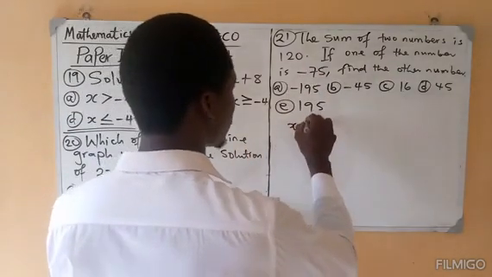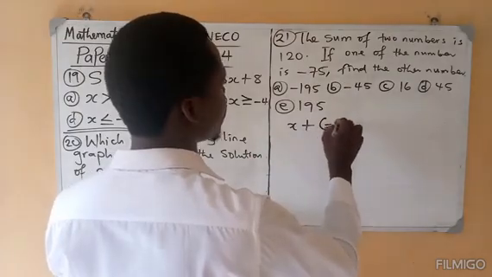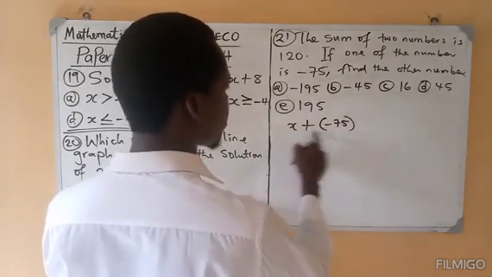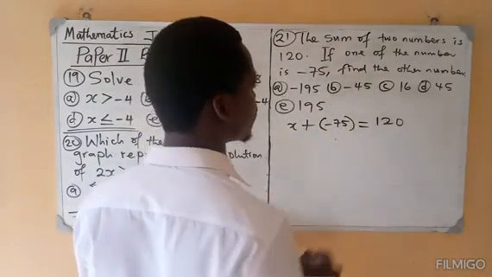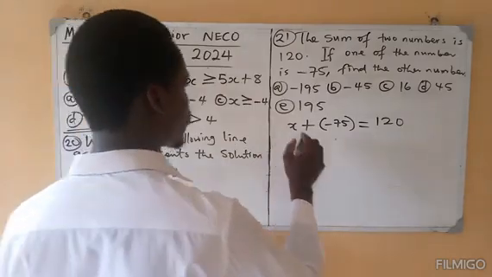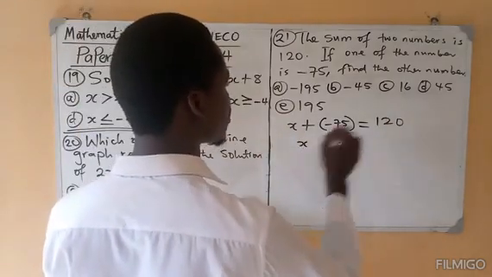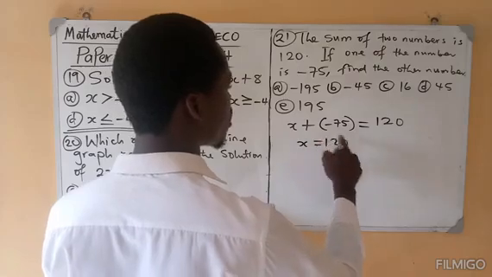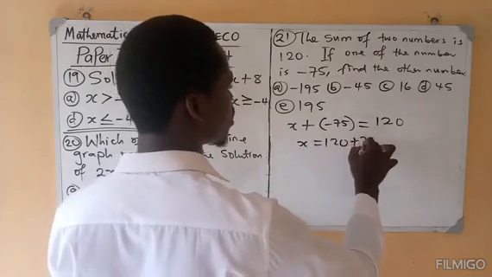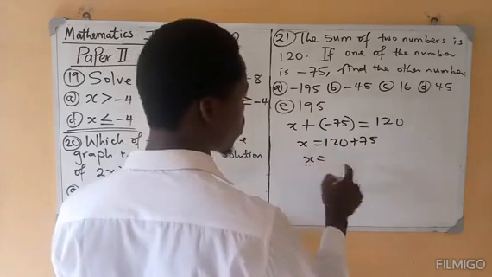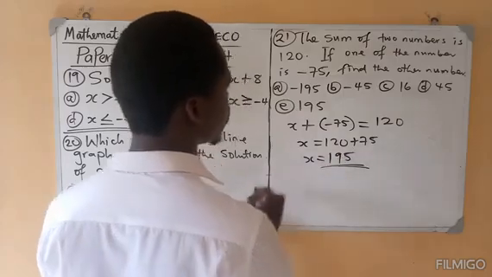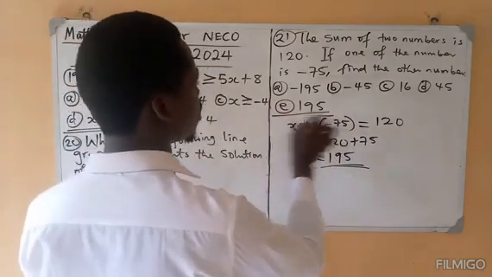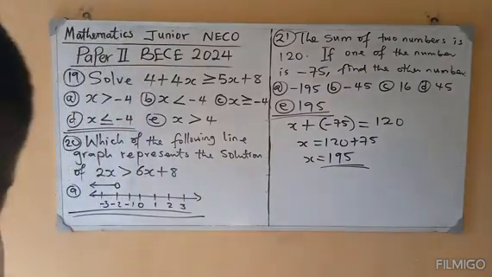We have x plus minus 75, and their sum is equal to 120. To find x, we take this to the other side: x is equal to 120 plus 75, which is 195. So the correct answer is option E.